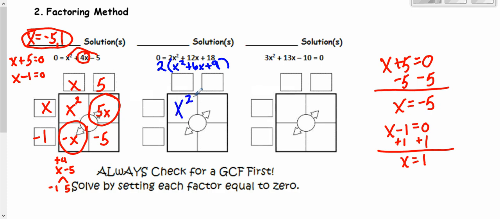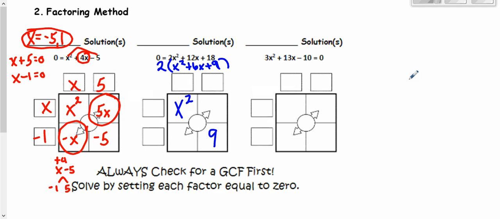So we have x squared, and we know 9 belongs here. Okay, I'm going to erase this here so we can see. So I'm looking for two numbers that multiply to give me 9 and add to give me 6. Okay, so I want two numbers that multiply to get me 9 and add to get me this middle 6x.